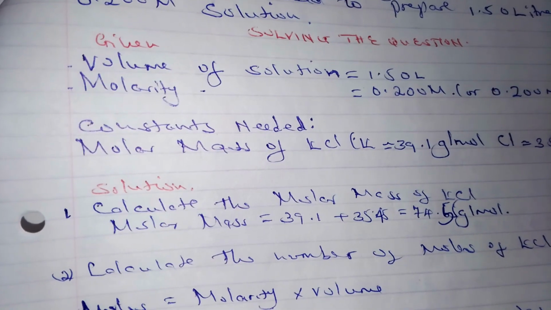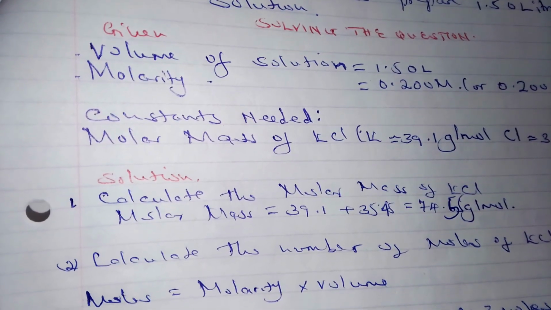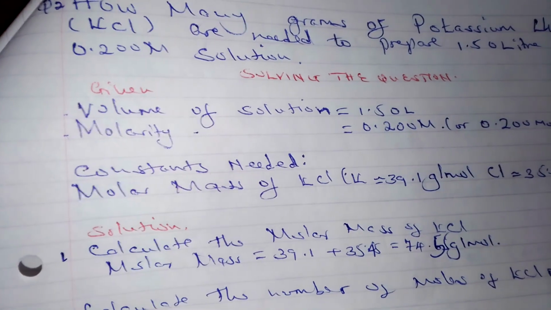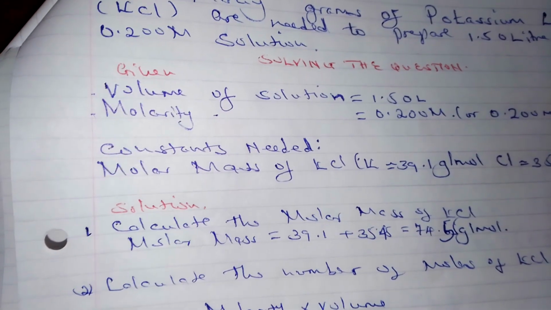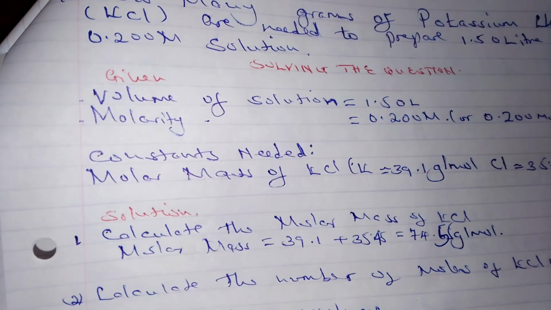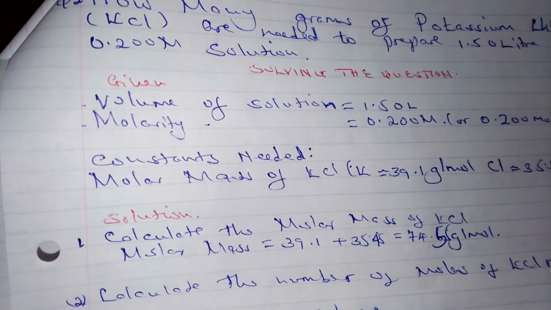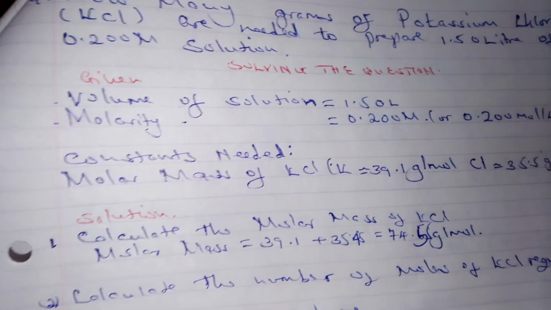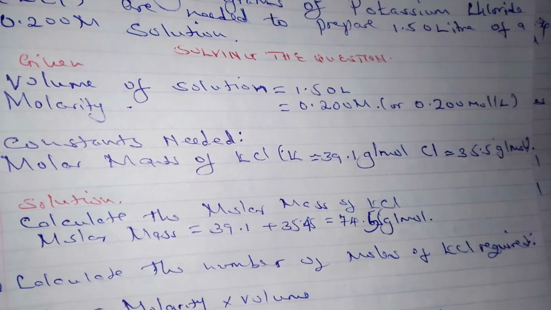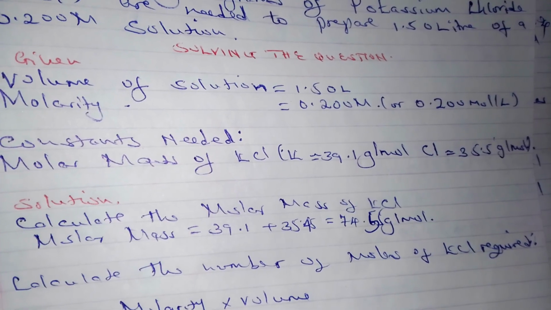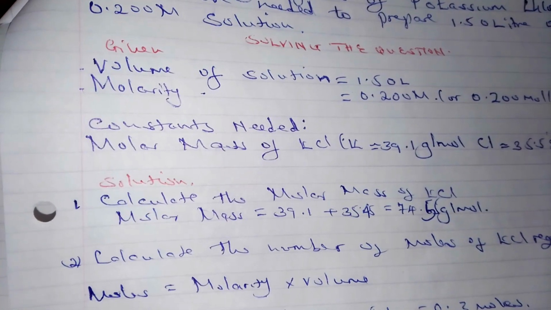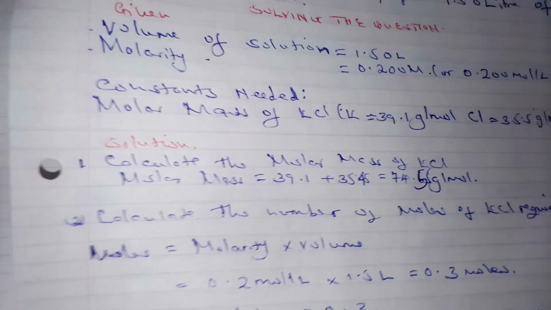Given that the volume of solution is 1.5 liters, as indicated in the question, then the molarity is 0.200 molar, or you can as well write 0.200 mole per liter.